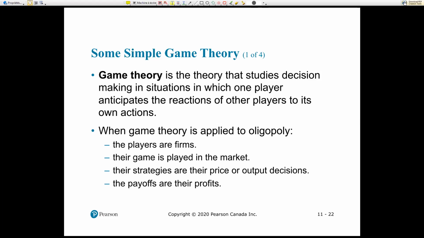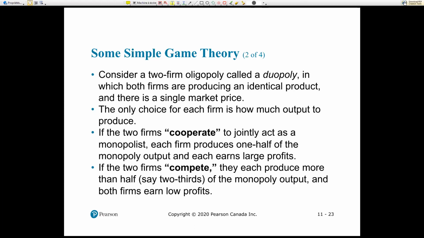In the case of oligopoly, the players are the firms. The game is played in the market, their strategies are which price or which output they decide to have, and the payoffs are their profits. So we're going to study the simple case of the duopoly. Why? Because it's good enough.